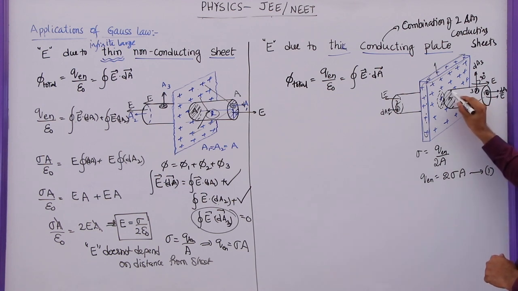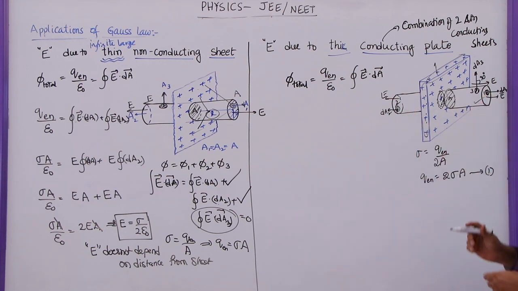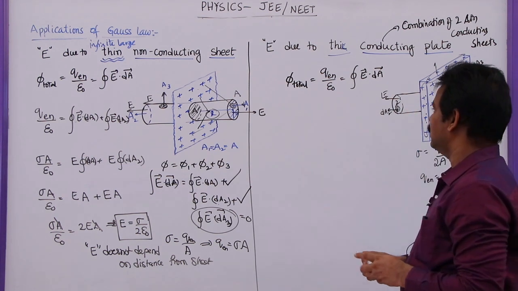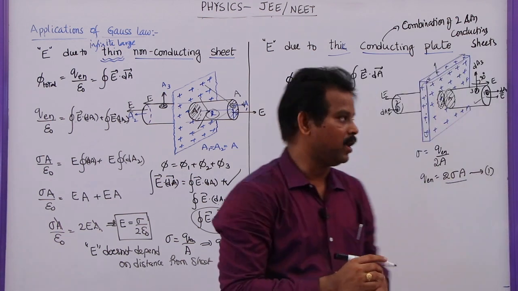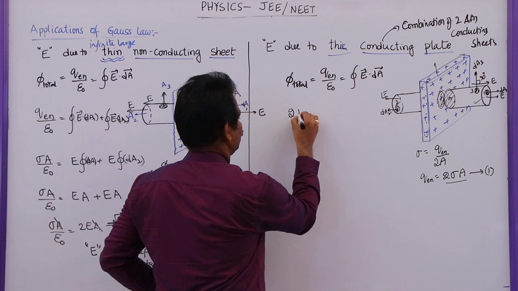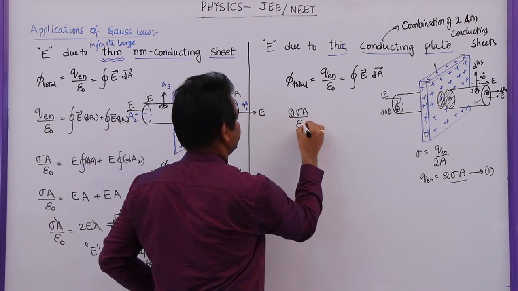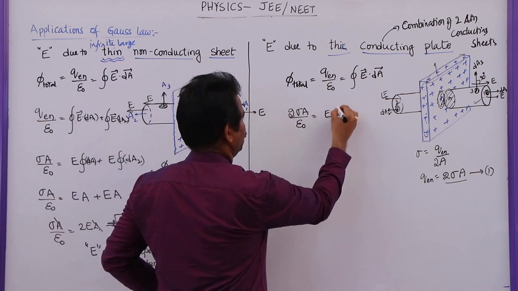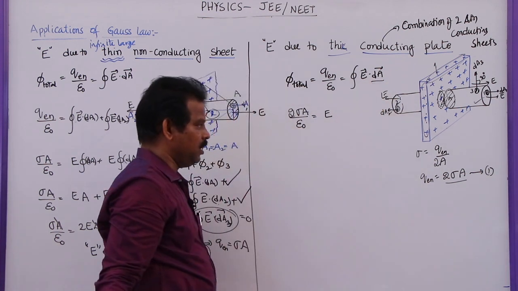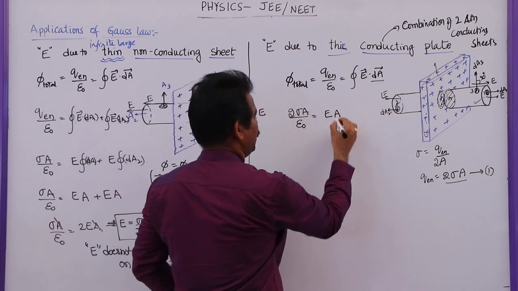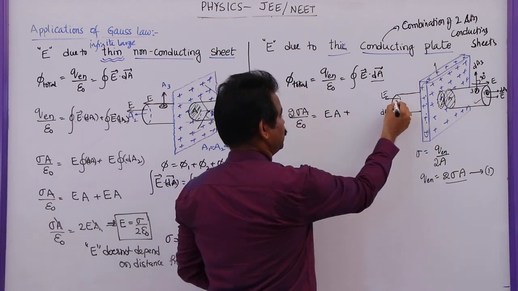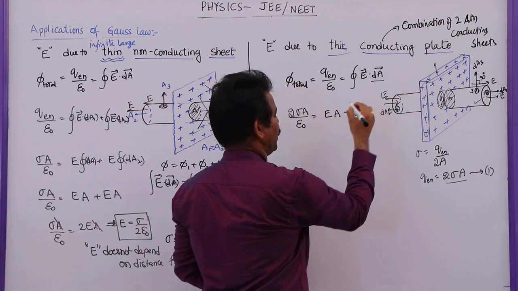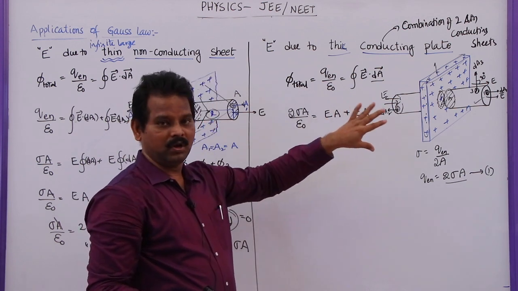So I am going to consider only the charge that is enclosed by the cylindrical Gaussian surface on both sides of the plate. Now, in place of Q enclosed, I can write 2 sigma A. So 2 sigma A by epsilon naught is equal to E times the integral of dA. So this is EA for the first surface, and similarly on this side it is EA, because we have two surfaces which contribute to the flux.